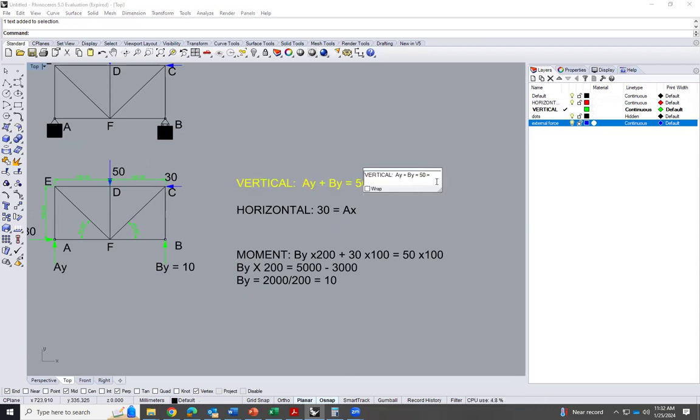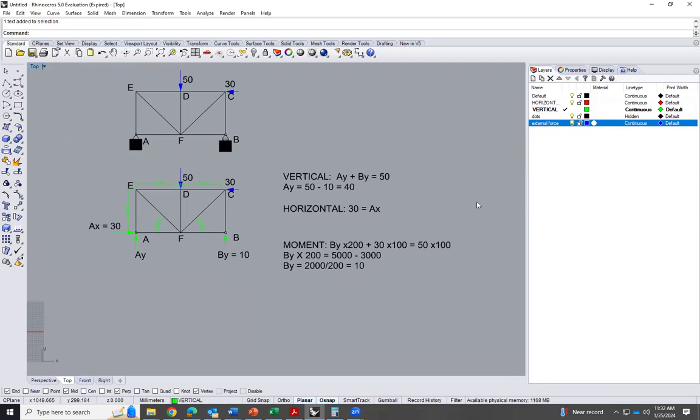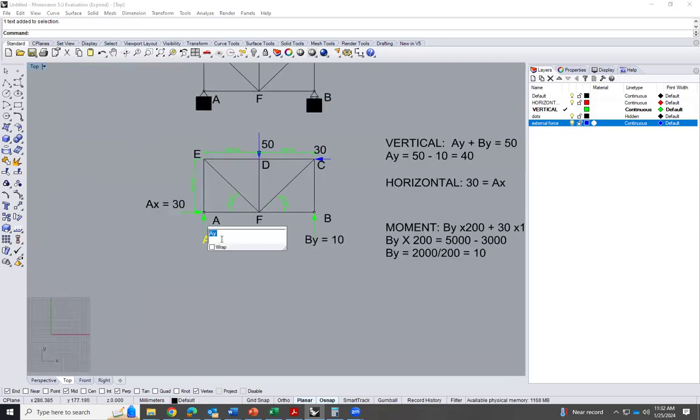AY will be 50, and BY is 10, which goes to the other side of the equation as a negative number, negative 10. So AY equals 40. So if I'm not wrong, AY equals 40.